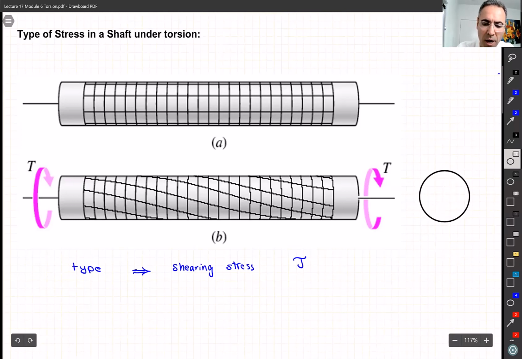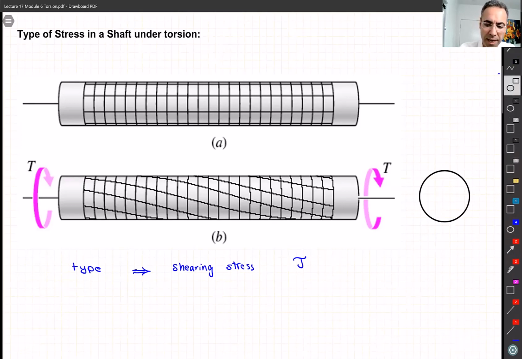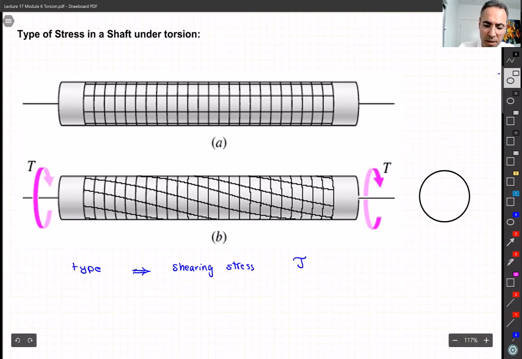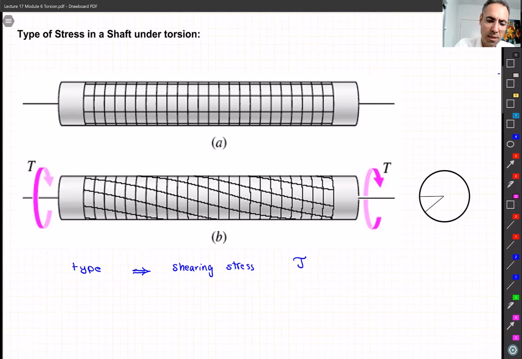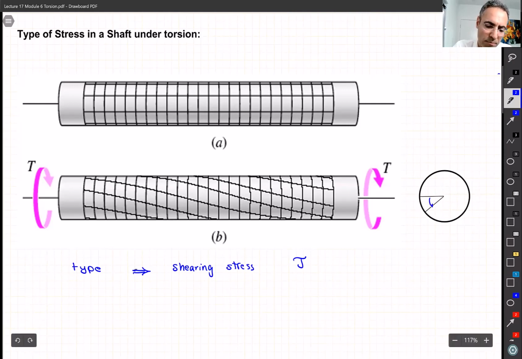Let's say I look at the cross section of this shaft, and if I try to draw a line, maybe a horizontal line on this shaft, after we twist this shaft, this horizontal line is going to become something like maybe this new line, which you can also sort of see in this image B, right? So it's going to create an angle here. So again, don't forget, this is the cross section.